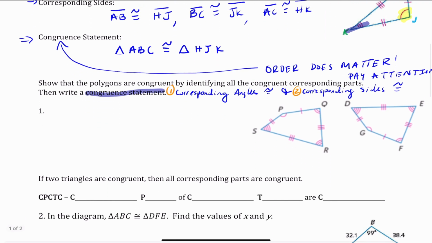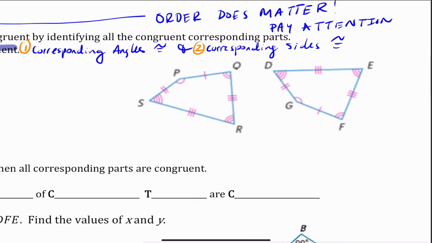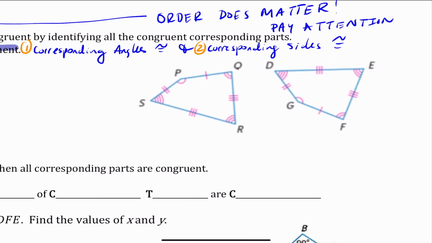So I'm going to write my corresponding angles first. And we just basically look at the number of arcs. So I have this particular polygon right here. We don't have a specific name, but it's a polygon. And by the way, a polygon, by definition, I'm just pulling up in Google because Google has a great way.